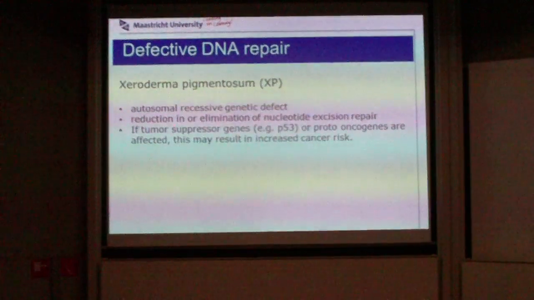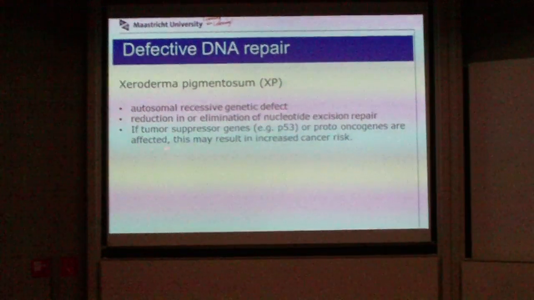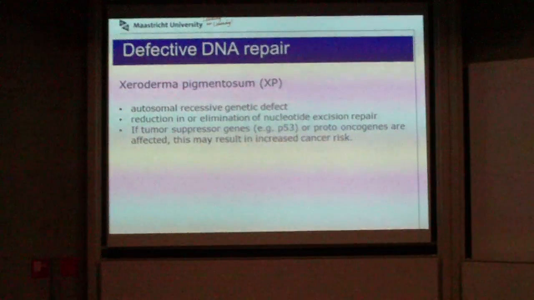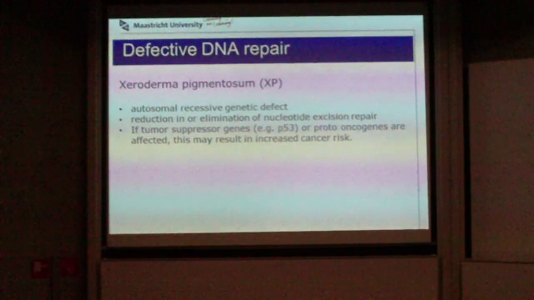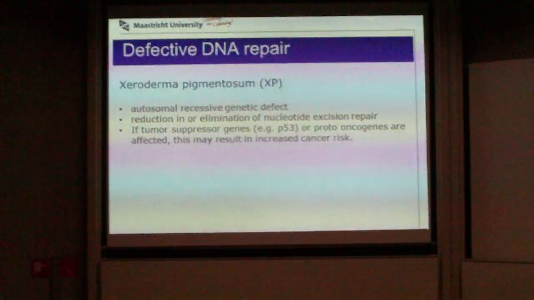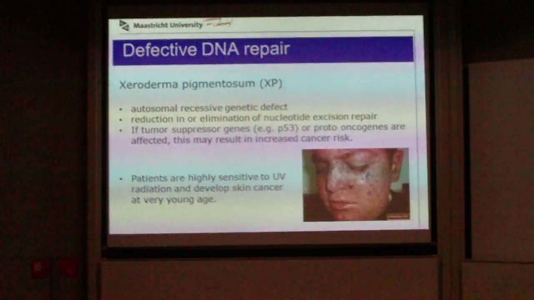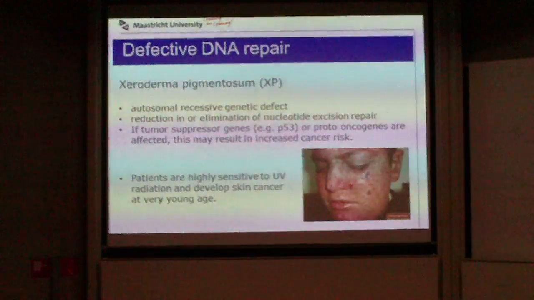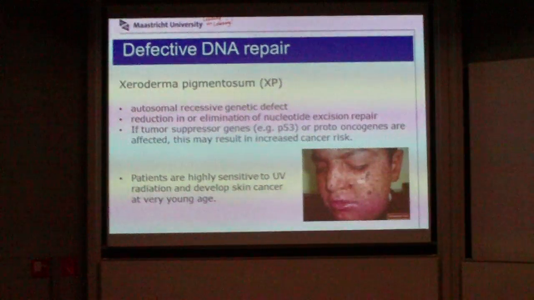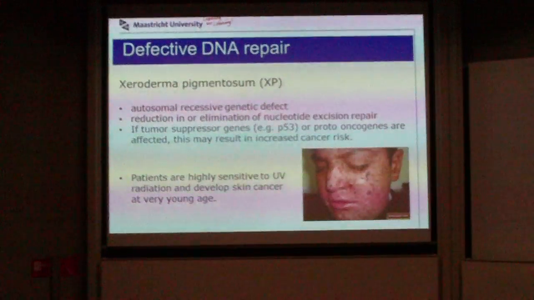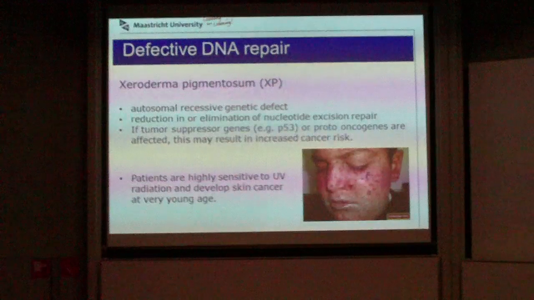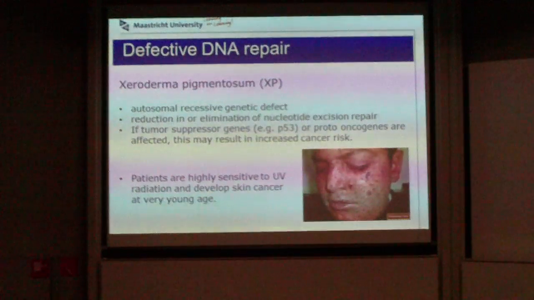And if you have such a mutation in a tumor suppressor gene like P53 or in oncogenes, this may result in cancer risk. So you can understand if you have that in every cell because you inherited this defect. If you are exposed to UV light, already patients that are very young develop skin cancer if they are exposed for a very short period of time to UV.